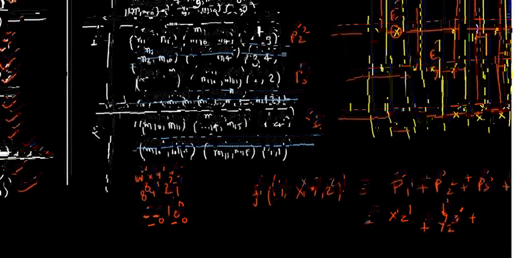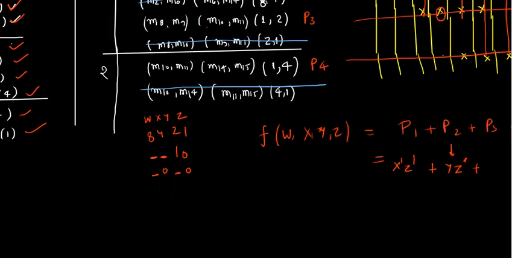Now, you tell me the answer. So this is your P2, this is your P1, P3 will be 1, 2, right? So first and second, and the answer should be 8.